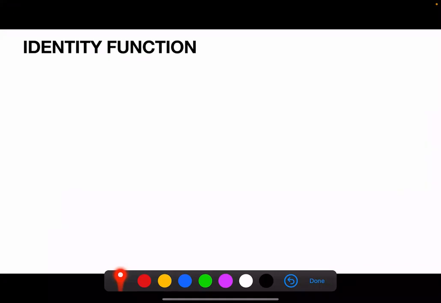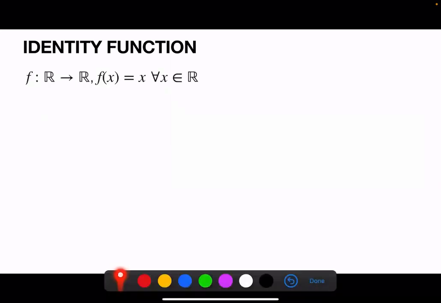Now we will take a look at a few types of functions. So this is an identity function. Maybe you can think that it will not change anything. Maybe your input is also the output. Some sort of an idea like that should pop up in your mind. So your identity function is this. You are defining a function from the set of real numbers to the set of real numbers. So your identity function is a real function, and your input is x.